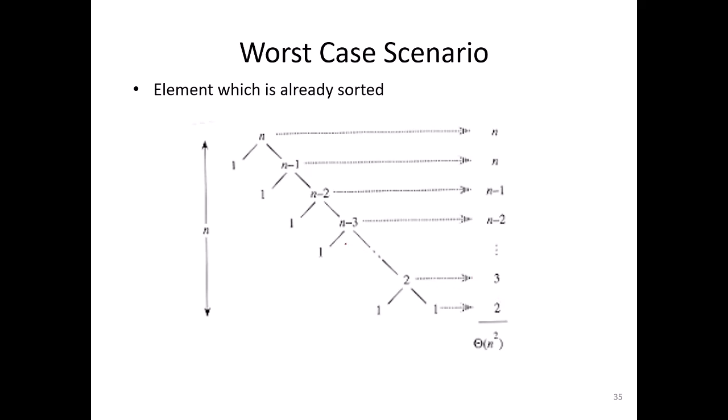So we are not equally dividing the elements. After completing a pass, you try to divide the set of elements into two equal parts, but that does not happen if the elements are in sorted order.